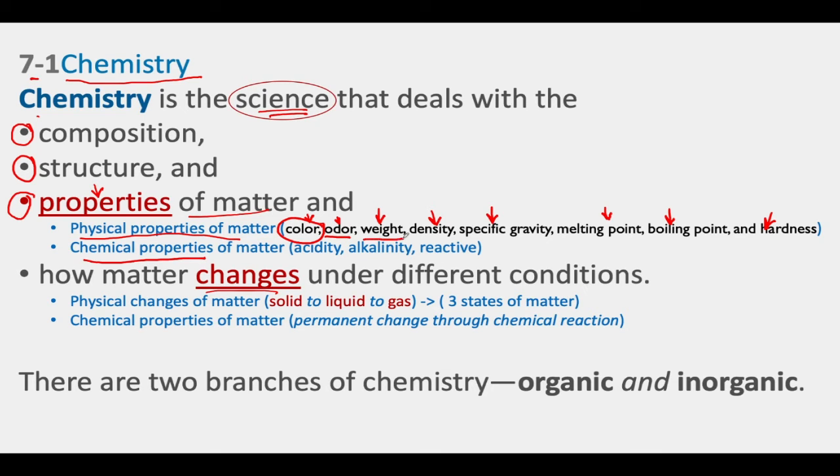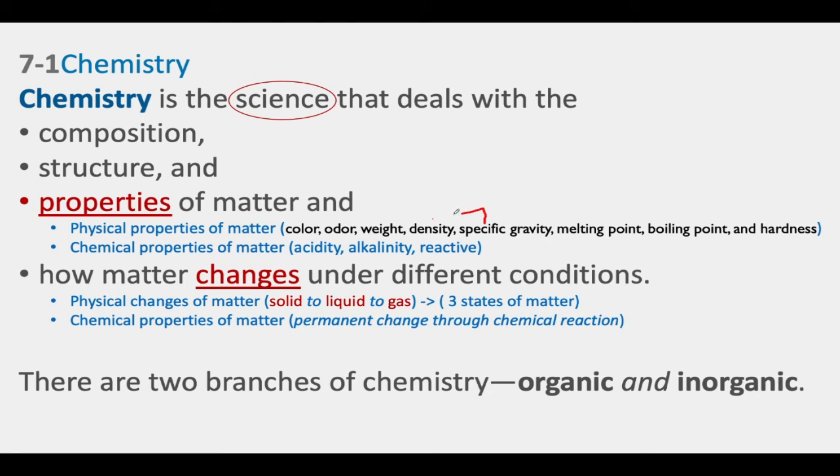We can see the weight of the substance. And then density is based on that very weight. Density is the thickness. For our reference, we can say water is less dense than honey. And so that's the density. And specific gravity is based on that.